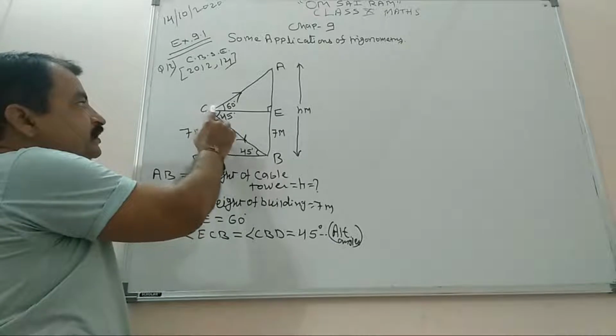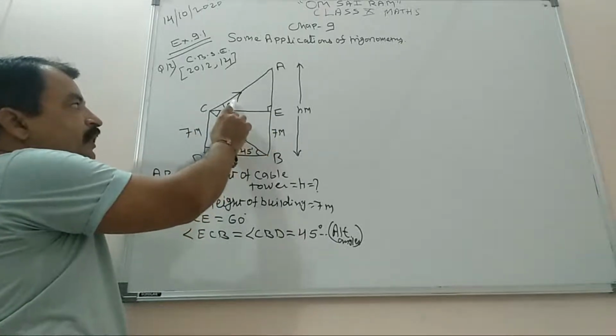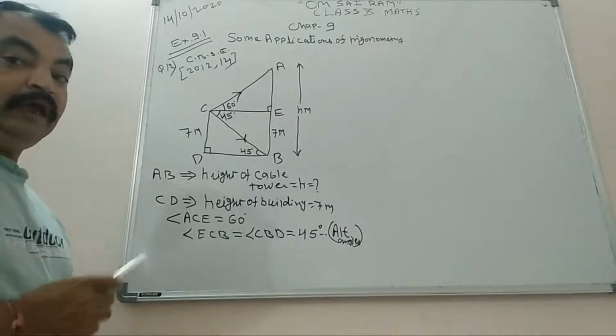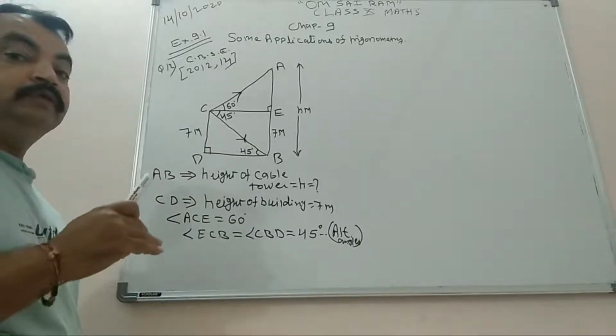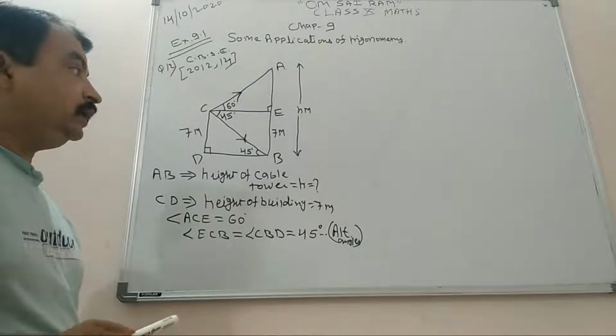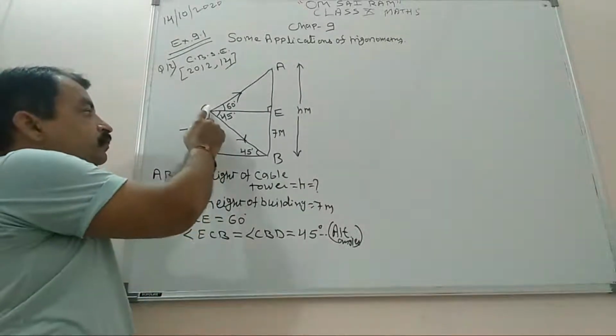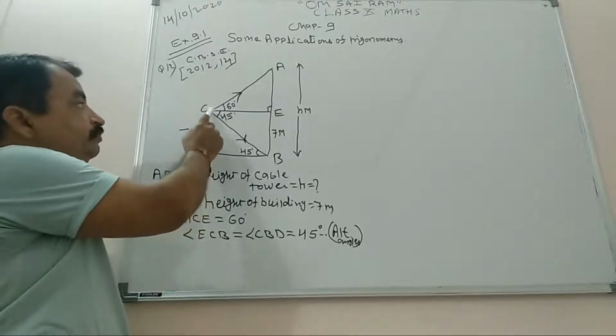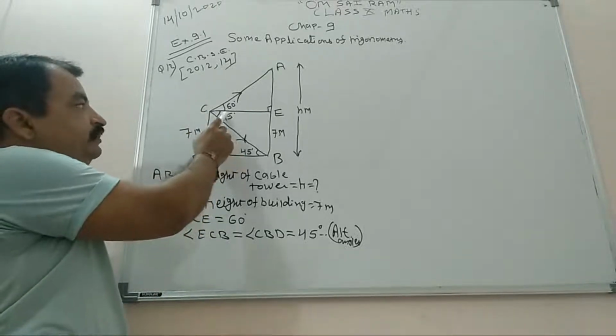And of course, C will be the horizon line for both the angle of elevation as well as the angle of depression. Angle of elevation from base to top, and angle of depression from top to base, that is top to ground. So see, the angle of depression is given as 45 degrees.